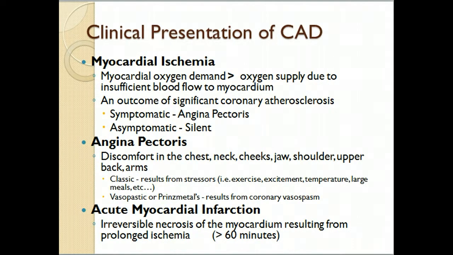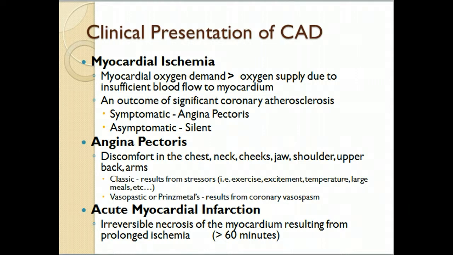So what happens with heart disease? How do you know somebody has heart disease? Basically, we're looking for myocardial ischemia. Your myocardial oxygen demand from the heart is greater than the supply. You don't have this blood flow to the heart tissue because you've got all these blockages. So the atherosclerosis is the blockage.